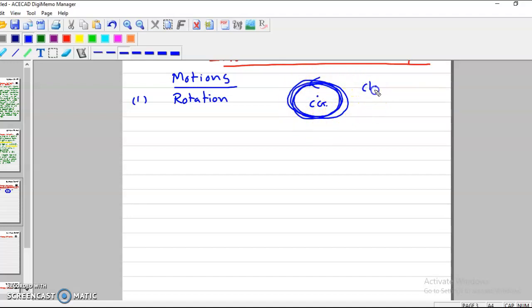Okay, so clockwise or anti-clockwise. Rotation is possible.